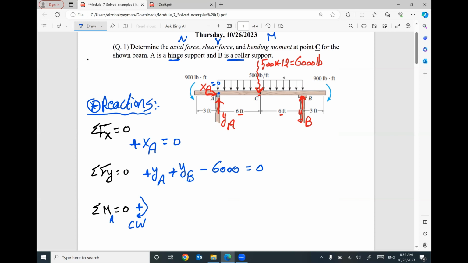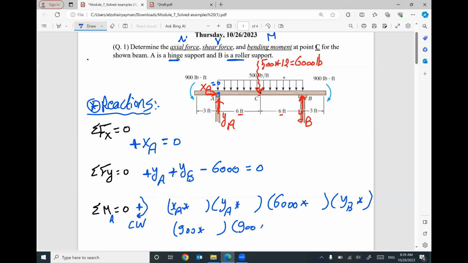So I will take everything: XA times distance, YA times distance, 6,000 times distance, YB times distance, 900 times distance, 900 times distance equals 0. Keep in your mind, we have this 900 and this 900, and we have YA, XA, 6,000, YB. Everything should be listed. I am sitting at A.